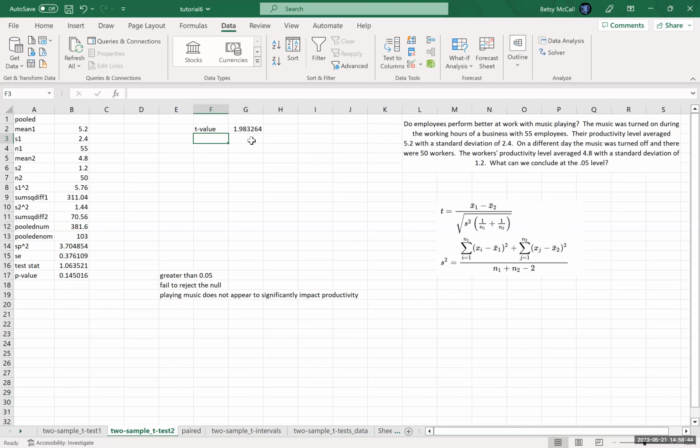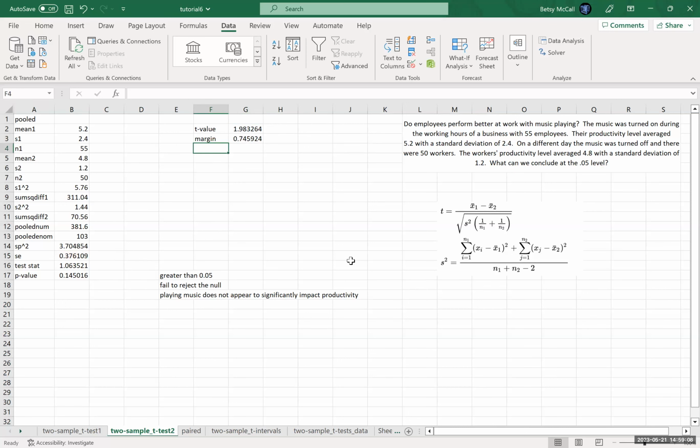And then the margin is our t-value times our standard error. Again, it's this denominator. It's not the pooled standard deviation. It's not the pooled variance. It's this whole big square root.